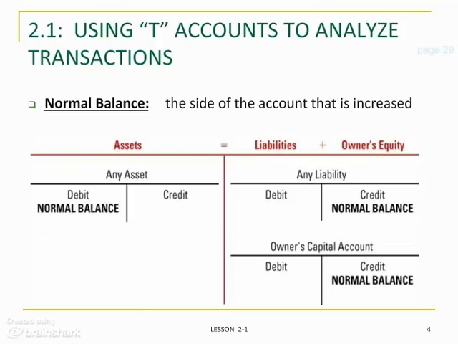So assets have a normal balance on the debit side because they're on the left side of the accounting equation, whereas liabilities and owner's equity have a normal balance on the credit side because they are on the right side of the accounting equation. So anything that's on the left side of the accounting equation has a normal balance on the left side. On the right side of the accounting equation, liabilities and owner's equity, the capital account, have a normal balance on the right side, the credit side.